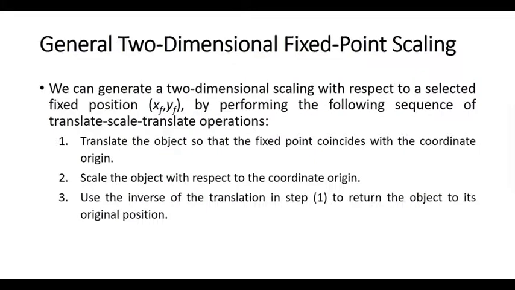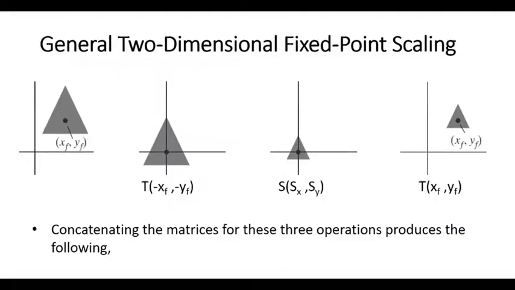Moving forward, general two-dimensional fixed point scaling. If you remember our scaling video, we discussed that if I have an object, something like this, and I scale it down, meaning my scaling factor is less than 1, then it moves towards the origin.